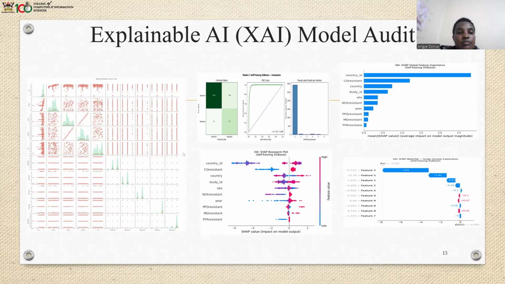The genomic markers like the anti-resistant and CQ resistant also ranked very high, which is expected, and they are direct drivers of the parasite resistance. And the geographic region showed moderate importance, reflecting the regional overlap of HIV and drug resistance.